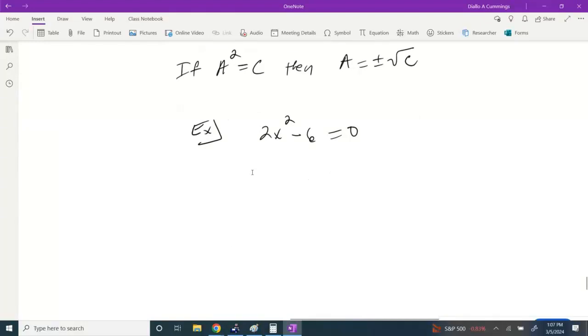So in order to isolate for the squared term, I'm going to add 6 to both sides. Right, or I'm going to transpose 6. And I want to solve for x squared, not for x. So the coefficient of your squared term must be 1. So I'm going to divide both sides by 2.